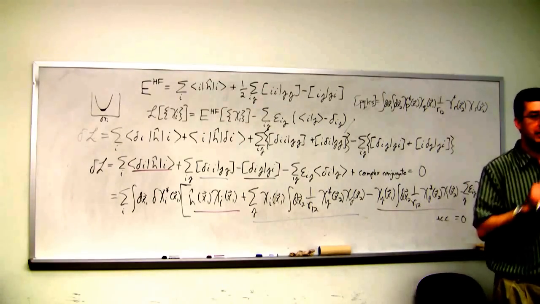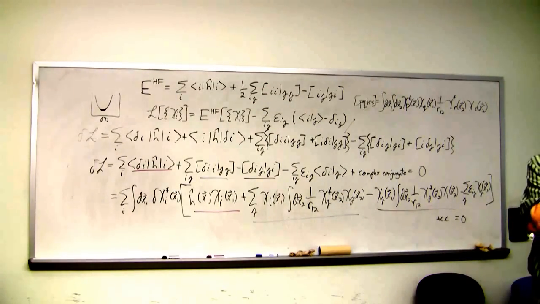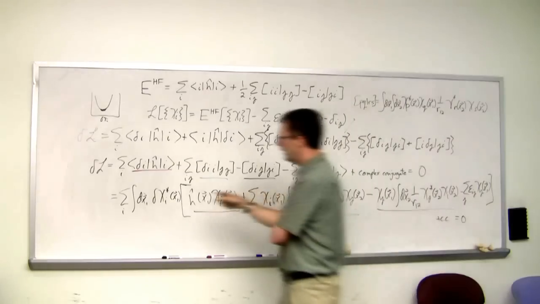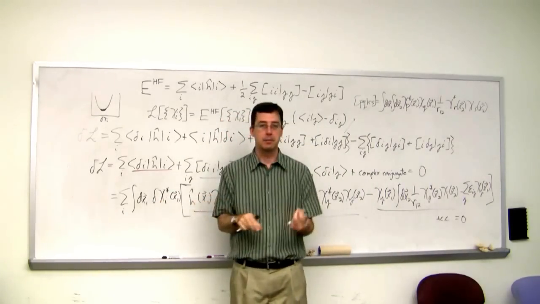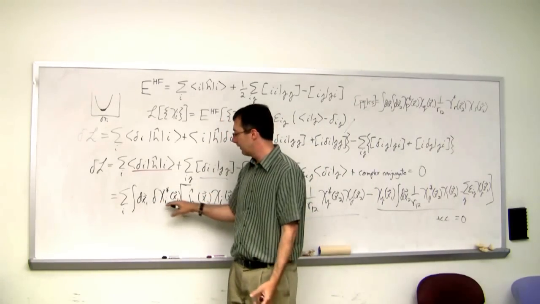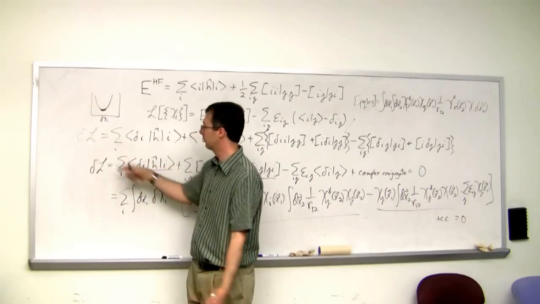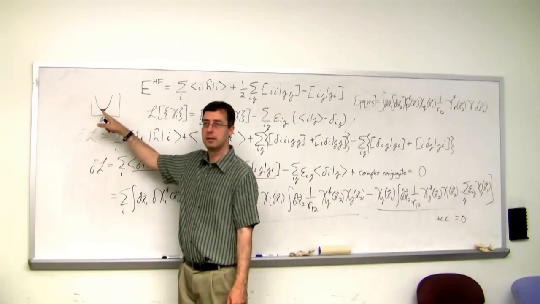Now, I'm going to make a key observation, which is this. This delta L needs to be 0 if I'm at a minimum. Suppose I'm adding a little tweak, then the energy or the Lagrangian shouldn't change.